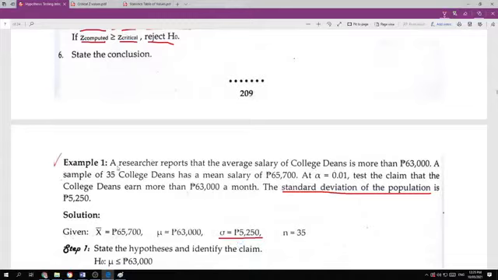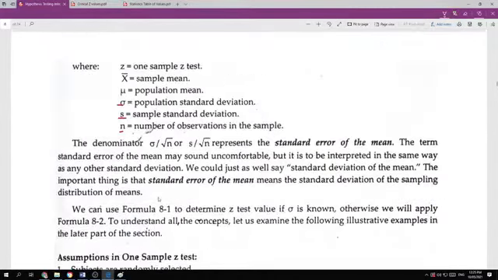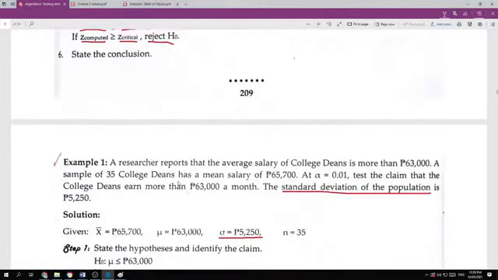Now, how will you determine whether it's the sample mean or the population mean? X bar is the sample mean. U is the population mean. Go to your problem. Look at the word sample. A sample of 35 college deans has a mean salary of 65,700. So this pertains to the sample, meaning this is the sample mean over here.